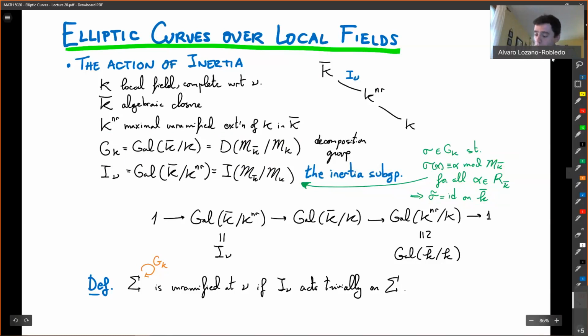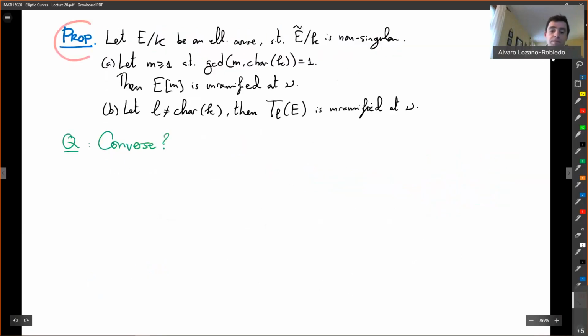What we proved last time was this proposition. If you have an elliptic curve that has non-singular reduction, which we call good reduction, and if M is relatively prime to the characteristic of the residue field, then the M-torsion is unramified at nu.